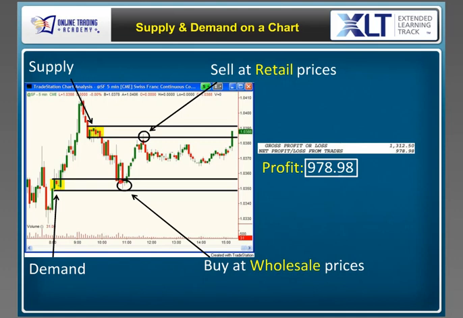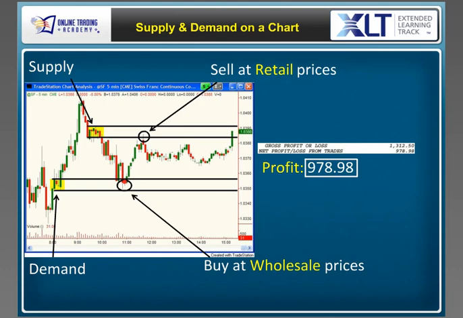So with each successive pullback to the demand level, what's happening to that demand? Is it increasing or decreasing each time we come back into that area? It's decreasing. Some of those buy orders are being filled. So we only want to take the first pullback.